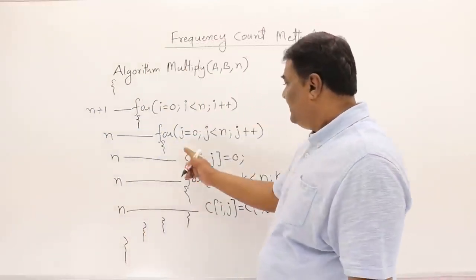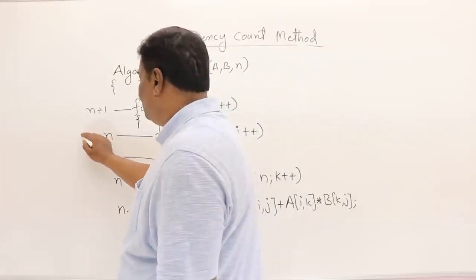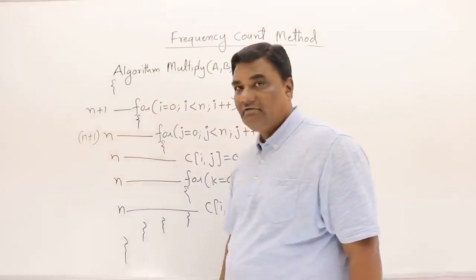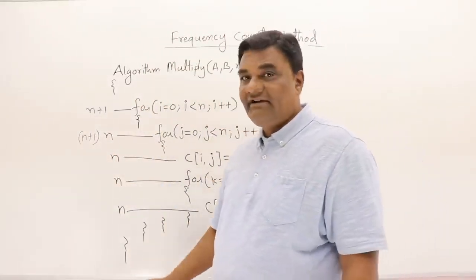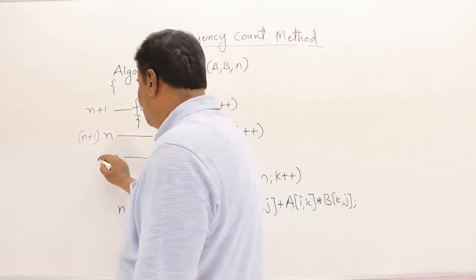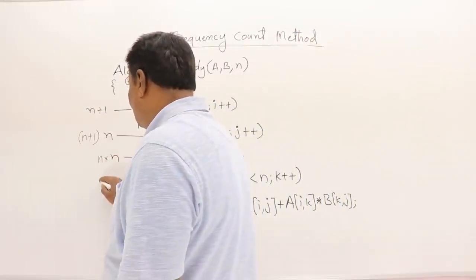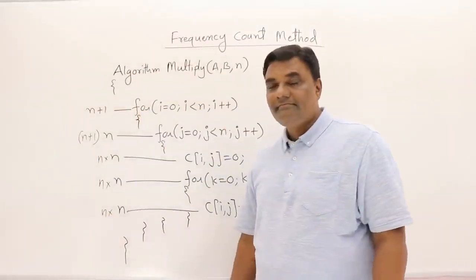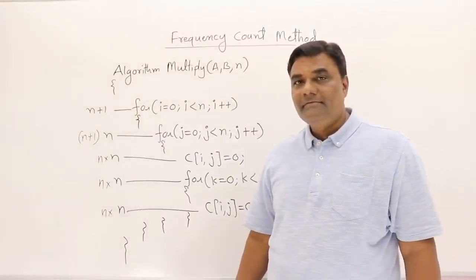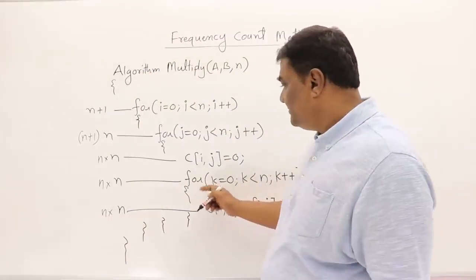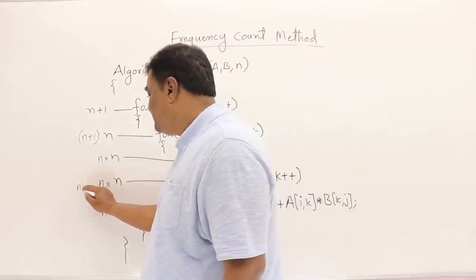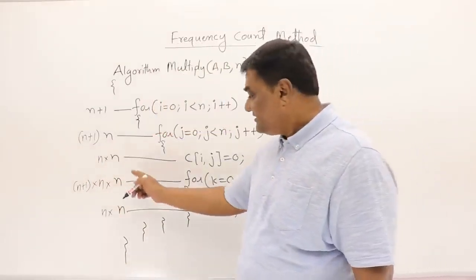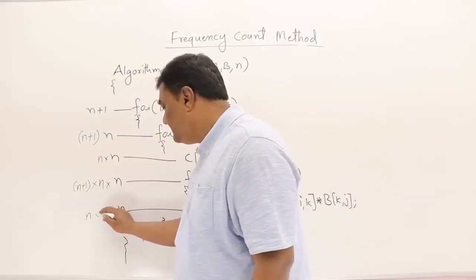Then again this is a loop, so this is n plus 1. Whatever is inside will execute n times, so into n, and into n. Then again this is a loop, so this is n plus 1 times. Whatever is inside will execute n times again.